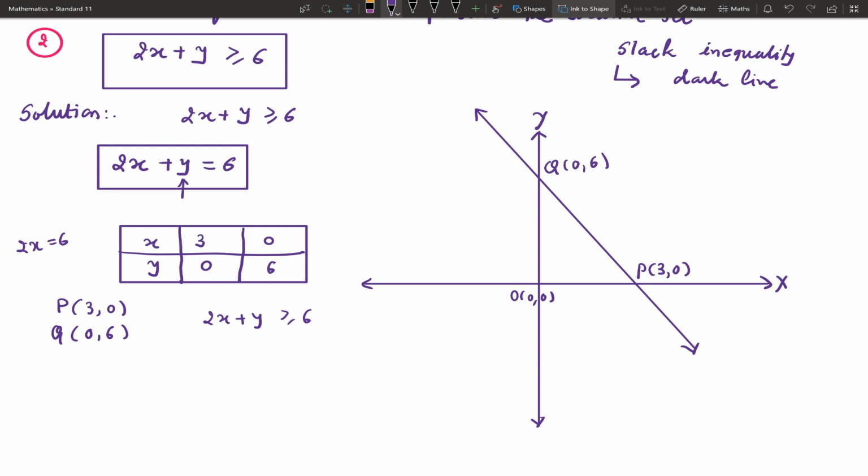Let us verify whether the coordinates of the origin satisfy the inequality or not. Put x equal to 0, y equal to 0: 0 greater than or equal to 6, which is false.